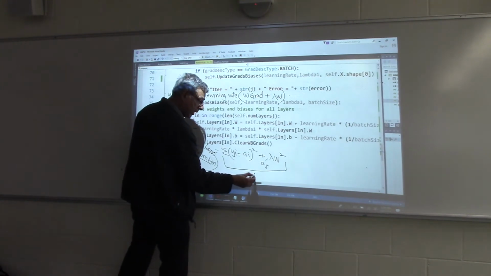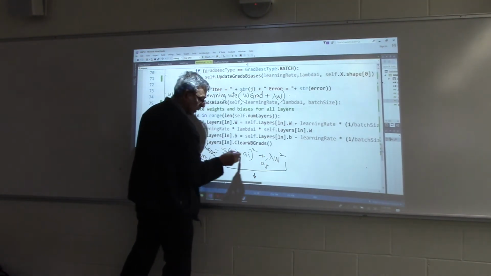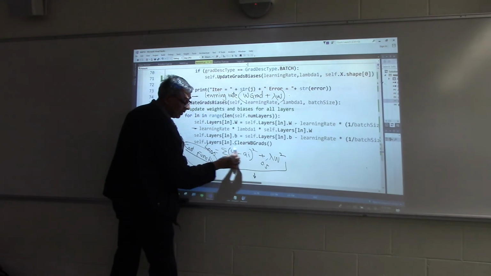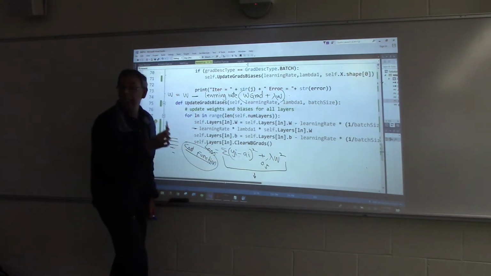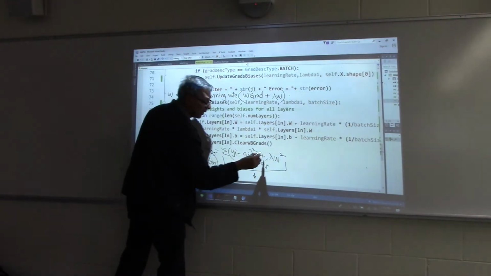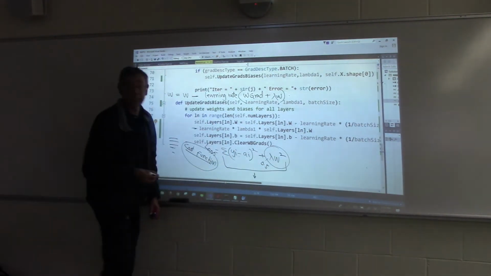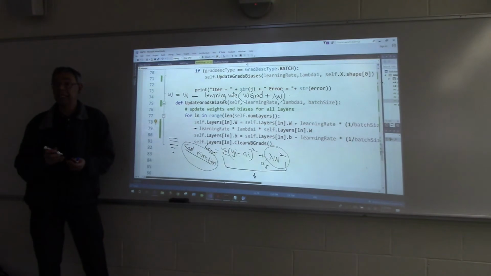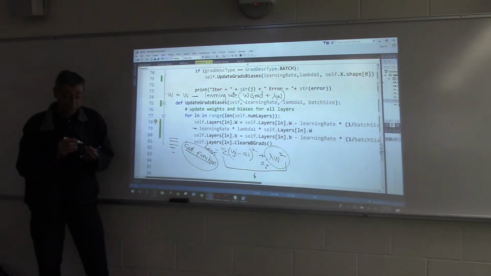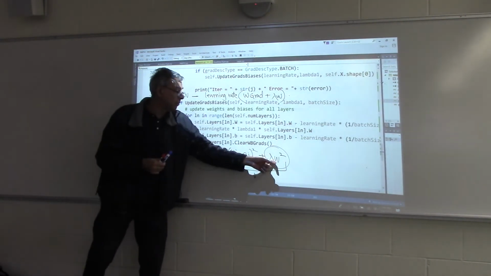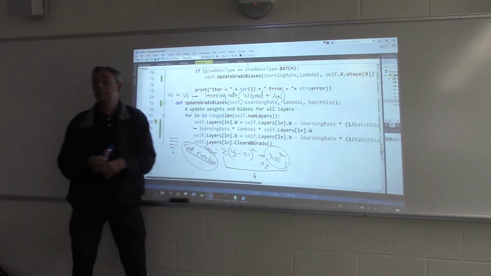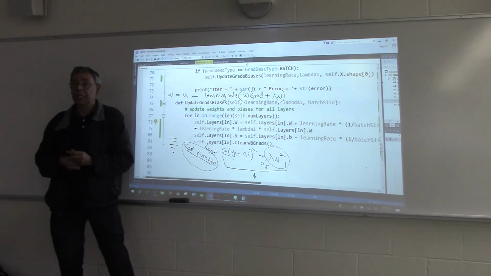So for it to be smaller and smaller, it has to satisfy both of these, meaning the reconstructed has to be close to the expected, but it also has to make this smaller. If this is too big, the cost is high. So it is doing both things, meaning picking small w's that will result in both of these being equal.